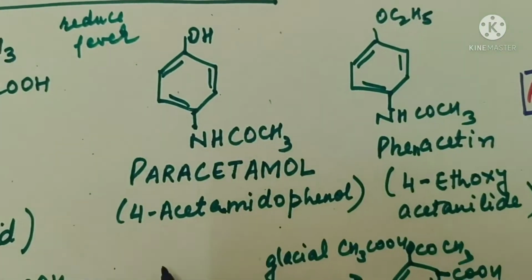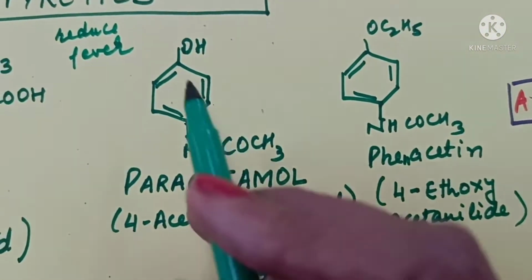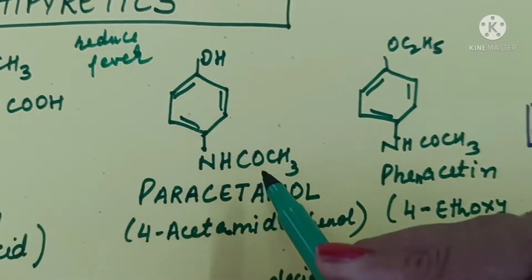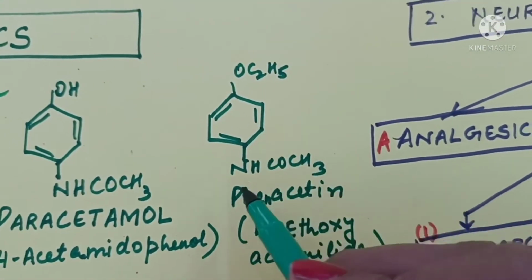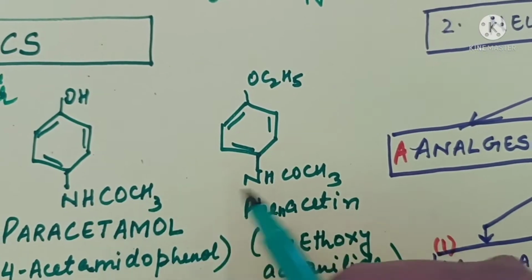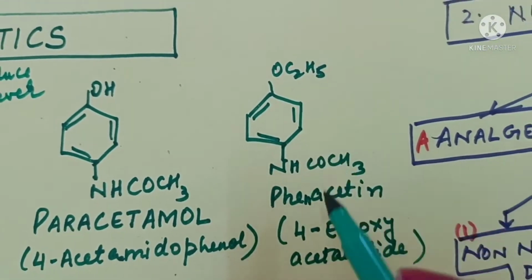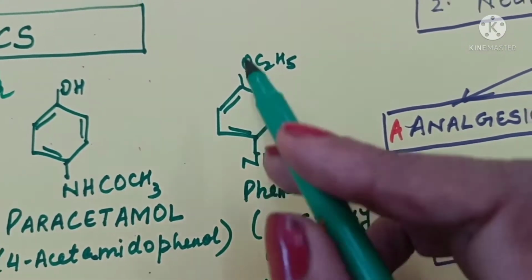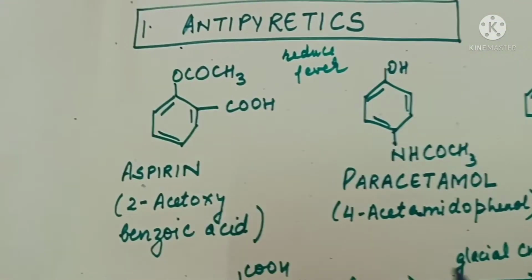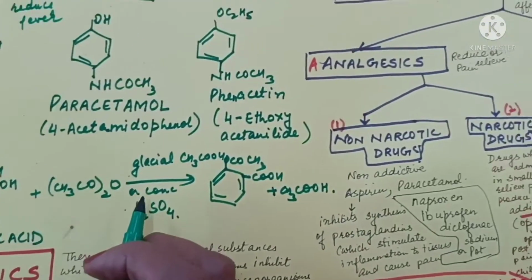So, 4-acetamidophenol is paracetamol. Then phenacetin, we have the same group here, but in place of OH we have ethoxy group, 4-ethoxyacetanilide. These are antipyretics.